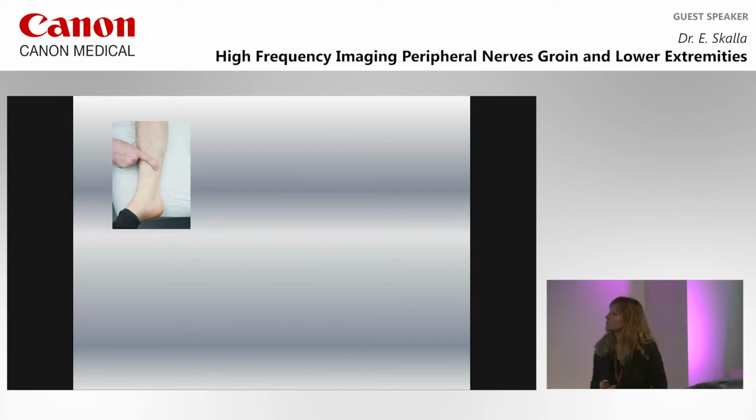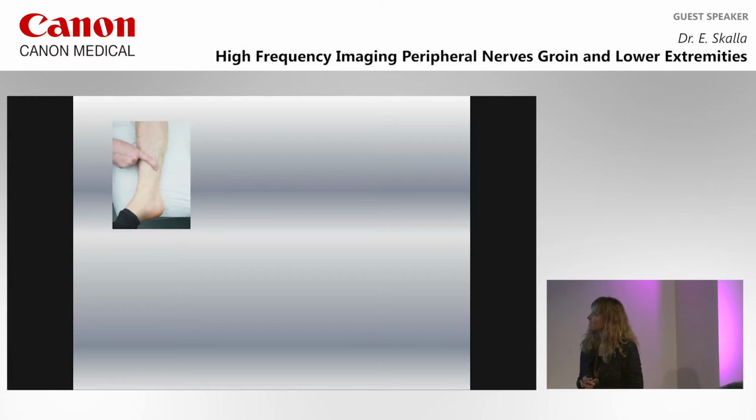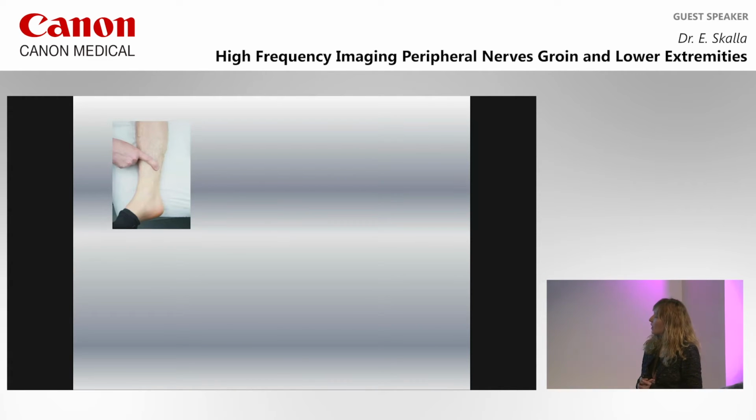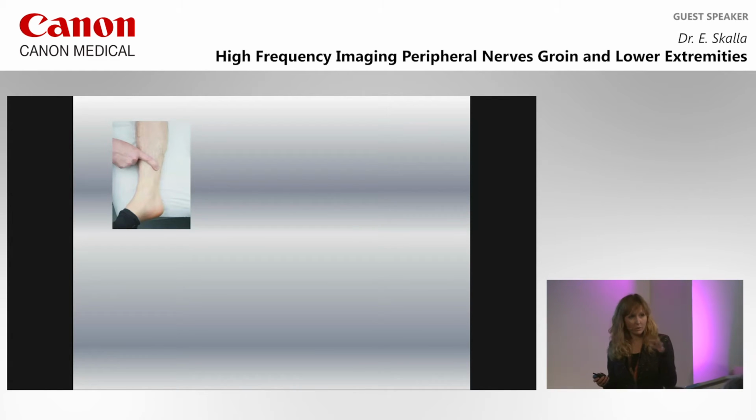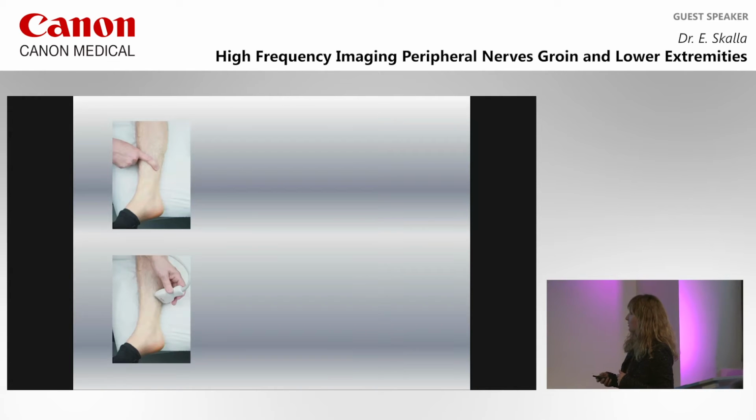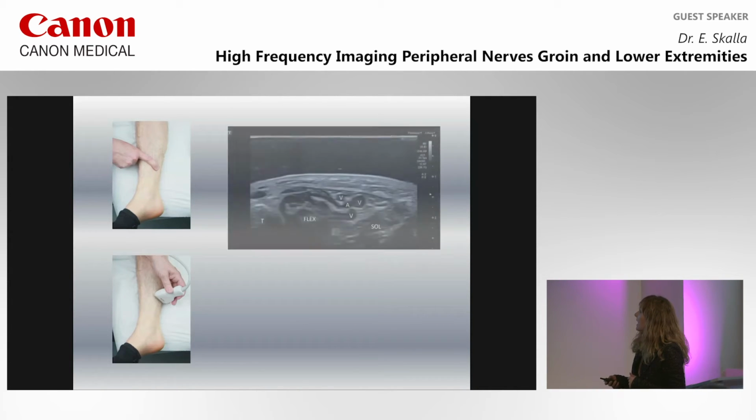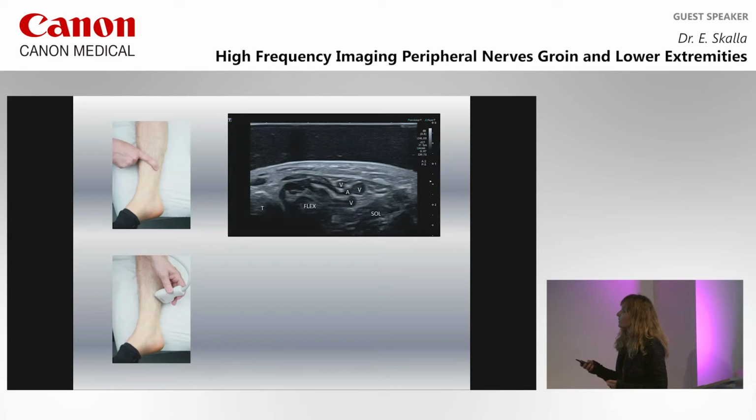And we search for it in the distal third of the lower leg, and we can palpate, when we don't know where to put the probe, the distal end of the soleus muscle and the flexor muscles, and then once again a transversal approach, and we get this picture.